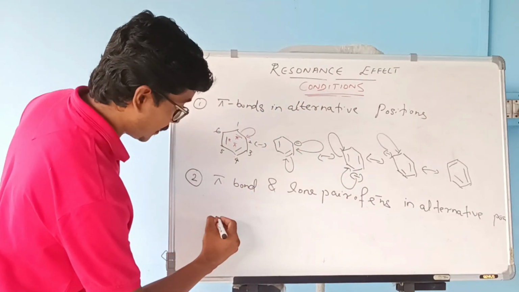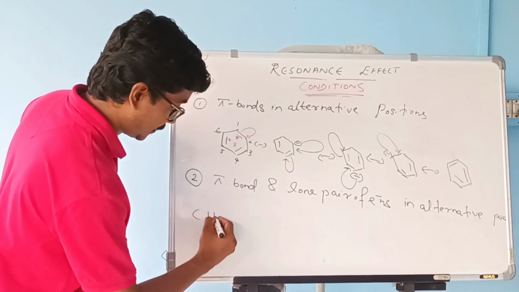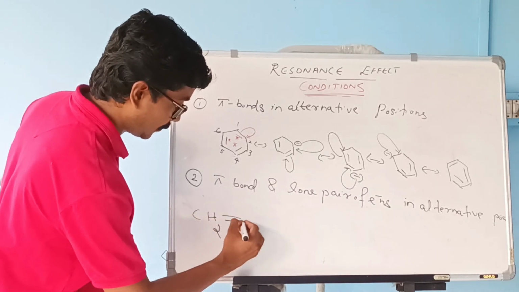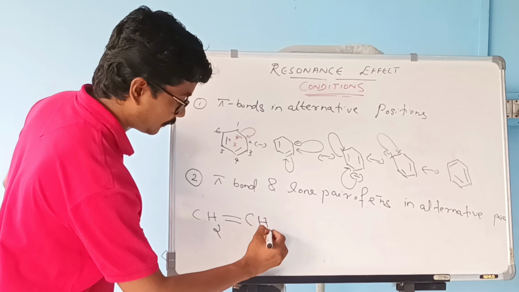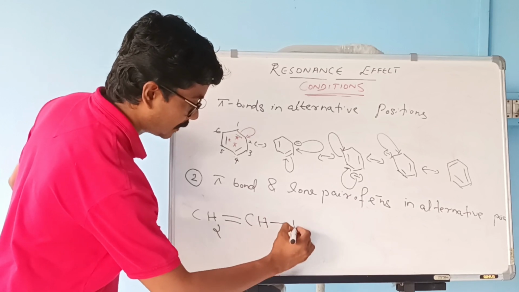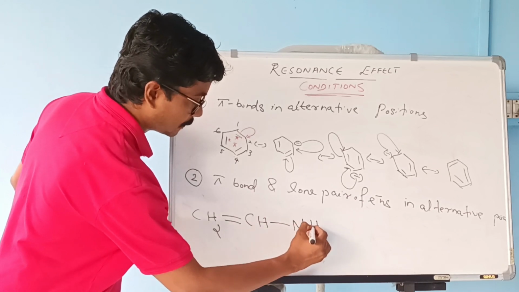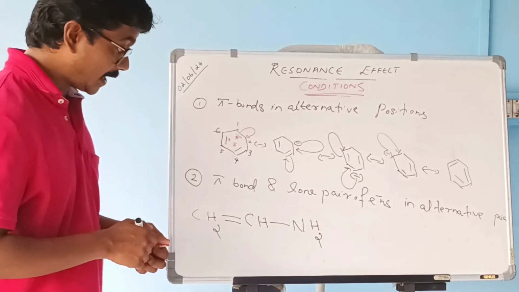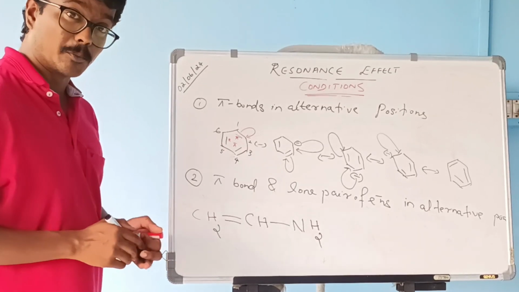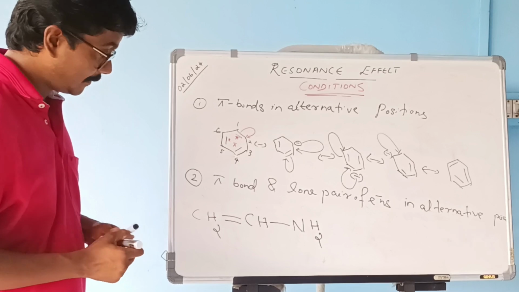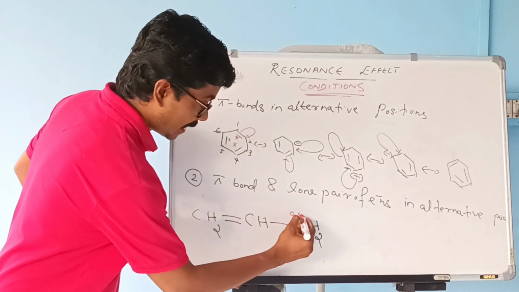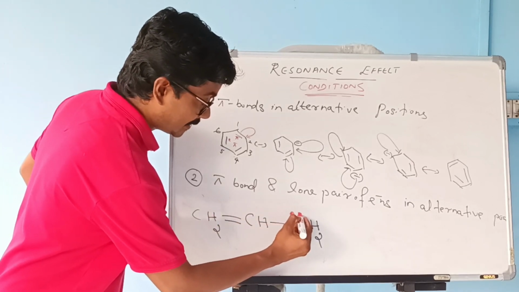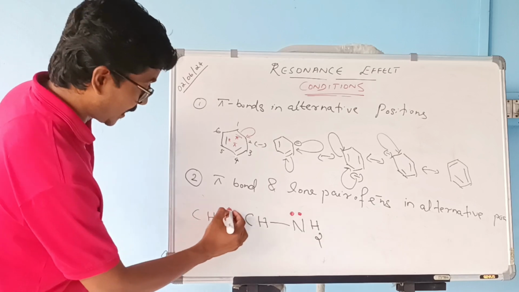Let's consider a very important simple example: CH2 double bond CH single bond NH2. This is an amino group attached to a vinyl group, or ethene. Here nitrogen is carrying a lone pair of electrons, and there is a pi bond.